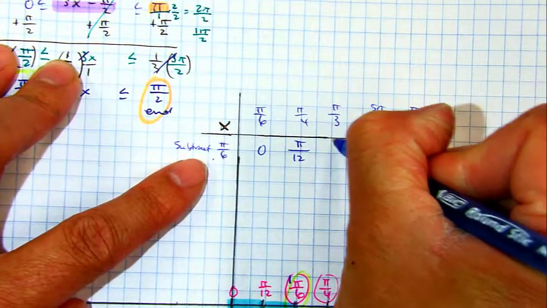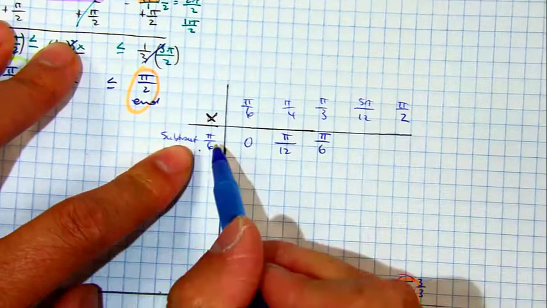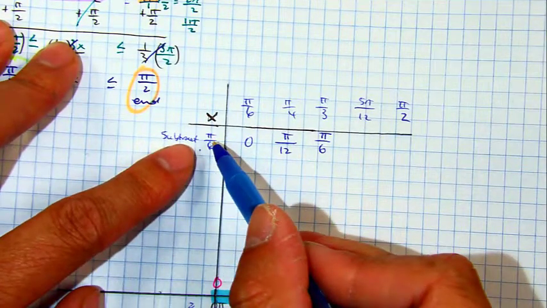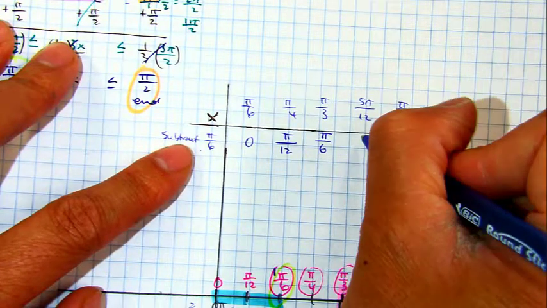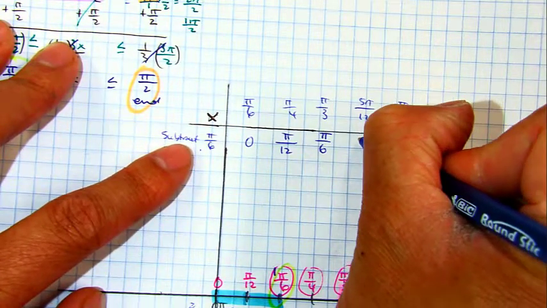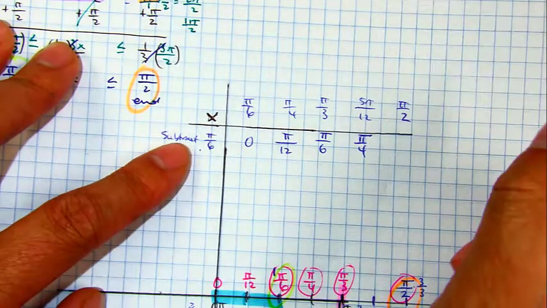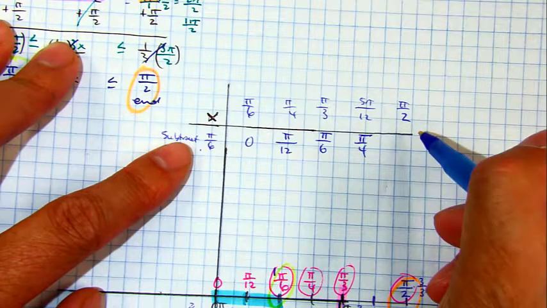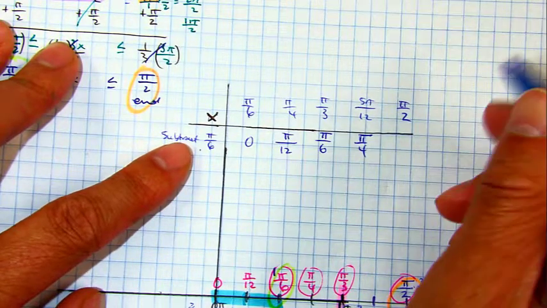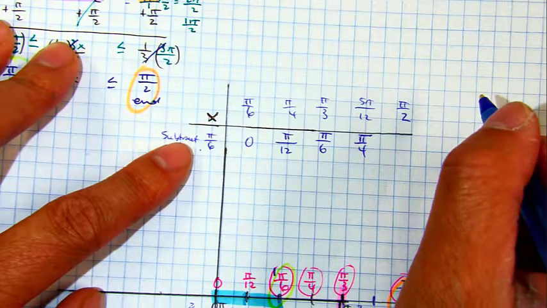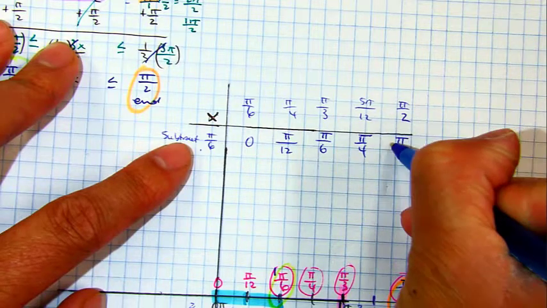Pi over 6. 5 pi over 12 minus 2 pi over 12 gives us 3 pi over 12, which reduces to what? Pi over 4. And 3 pi over 6 minus 1 pi over 6 gives us what? And 2 pi over 6 reduces to pi over 3.